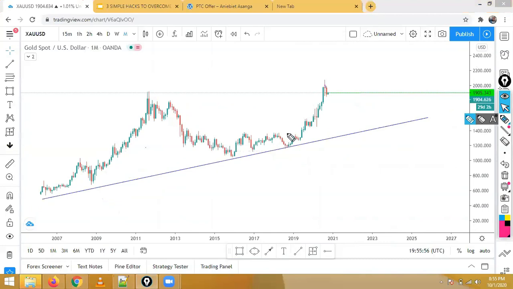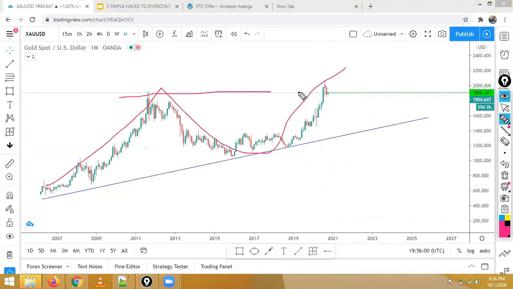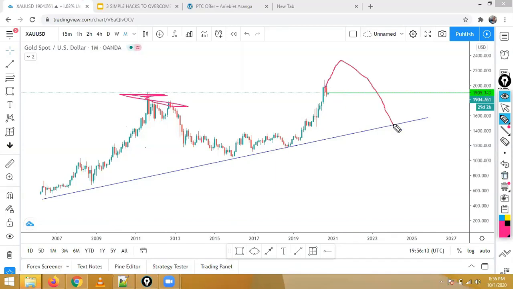See, price pushed up, dropped, pushed up again, and actually closed above these highs, but that is not enough. I still see it pushing up, because price needs to close above this high very well, extend a little bit, then drop. This is what I want to see. So I still see gold pushing up.